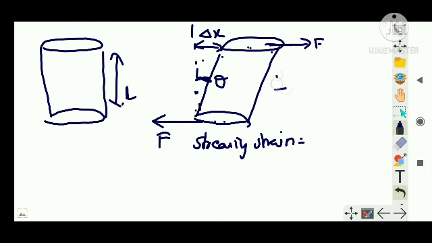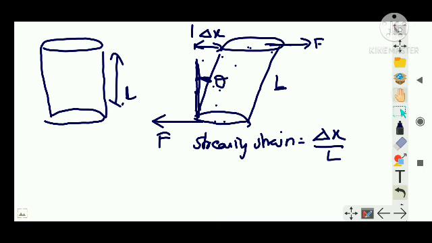It is the length L. So I can say delta x by L is called shearing strain. Right. So if someone asks you what is theta, it is the angular displacement of the cylinder with respect to the vertical. Clear. Usually delta x is quite similar in value to the arc length, so if someone asks you delta x in terms of delta theta, you can take it as the arc length. That's not much change. Clear. I hope you understood what shearing stress is.